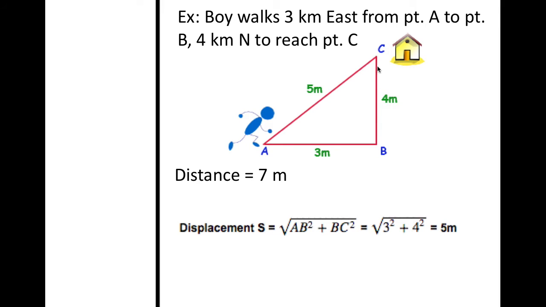So they walked a total of 7 meters. However, the displacement, which is this part right here, the resultant, right? It is the Pythagorean theorem, which gives us 5 meters. So obviously, the displacement is 2 meters different from the distance that was actually traveled.